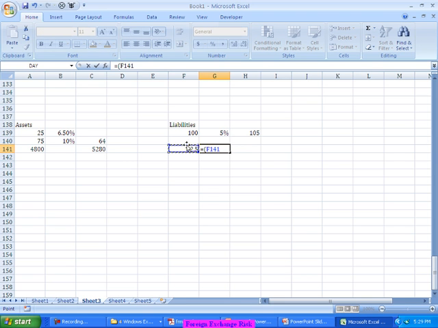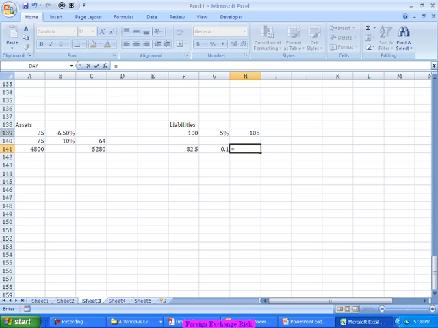Probably 82.5 minus 75, because I have invested 75 and I got 82.5, divided by 75, which is giving me a 10% return. So my overall, what is the benefit? 75% of my money fetched me 10% return. 25% of my money fetched 6.5% return, right?